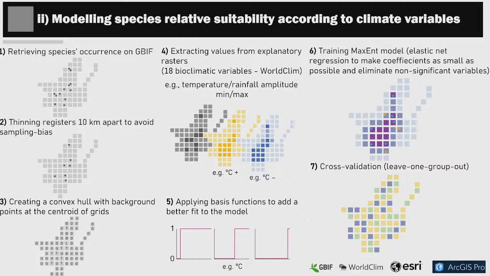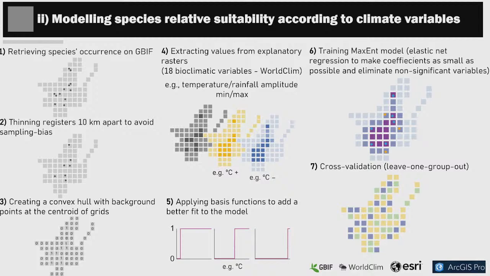We created a background where the plants were not sampled, and we compared this raster file, this background, with 18 bioclimatic variables from the WorldClim dataset, like temperature, rainfall, dry season length, etc. And then using the MaxEnt model, the maximum entropy, we assessed the possible distribution, or better, the places where this vegetation have a great suitability based on these climate variables.